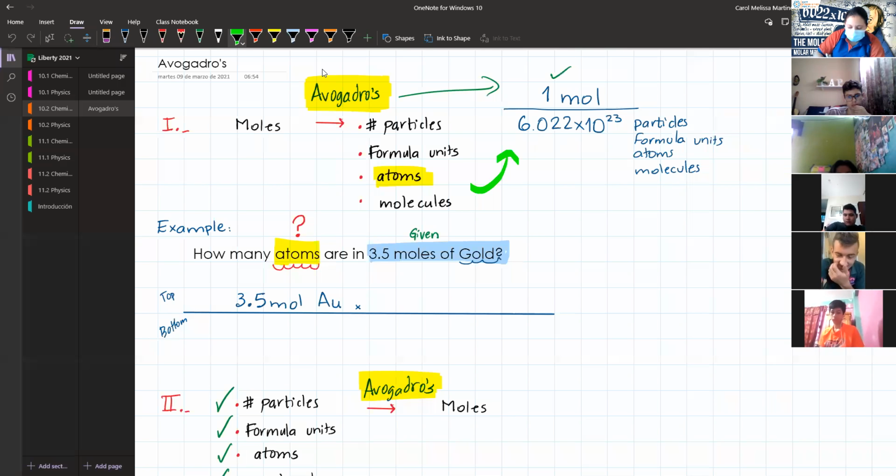So this conversion factor is used like this. If you have moles located in the top, where are you going to place the mole in the conversion factor for Avogadro's number?